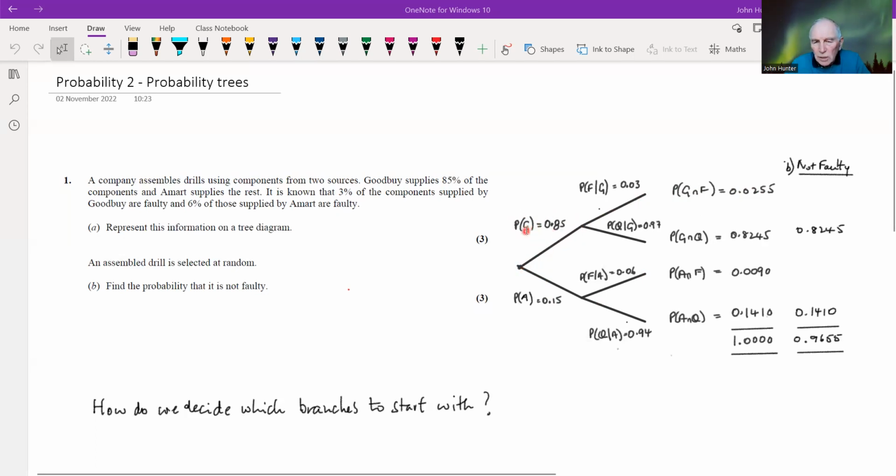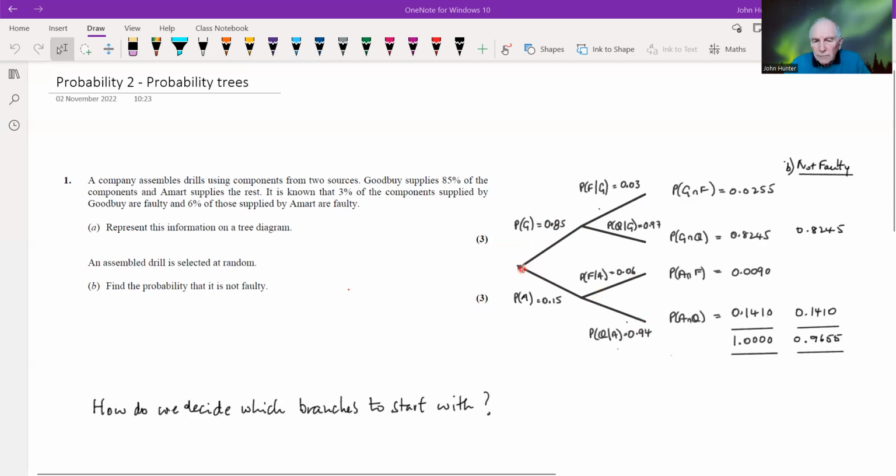And here we've got the probability of Goodbye is 0.85. You could just put G and 0.85, which would be acceptable. If we look at this, this is the first level of branch, and this here is the second level.